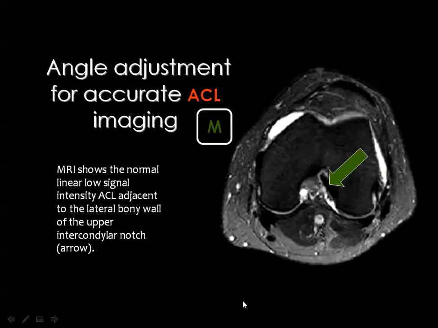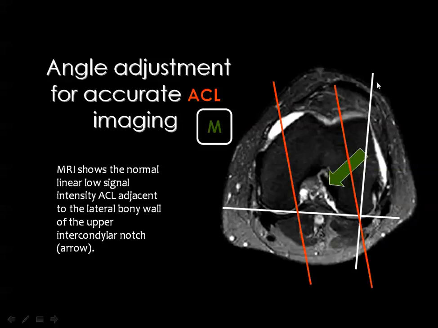Then how do you select the right angle for the sagittal sections, in order to be sure that you will show the anterior cruciate ligament if it is present? You go to the axial images and draw a line tangential to the femoral condyles. Then you draw another line perpendicular to this one.